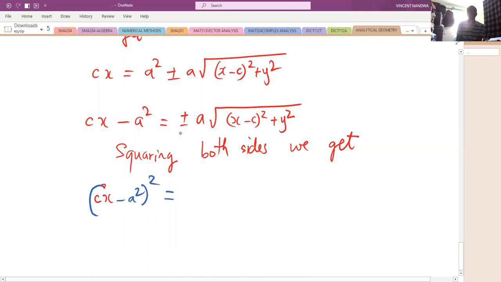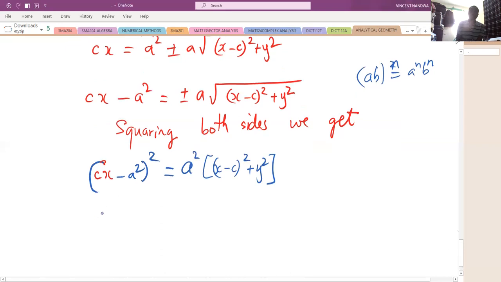When you square plus or minus, you just get the square. Remember when you have (ab) to the power n, it is a to the power n, b to the power n. So when I square this one, the square will affect a and also this one here. So I'll have a squared, and when you square this one, you just get what we have inside without the square root sign, into (x minus c) squared plus y squared.